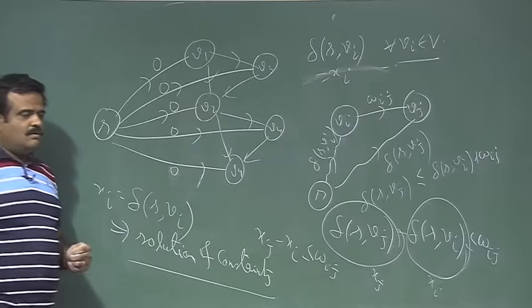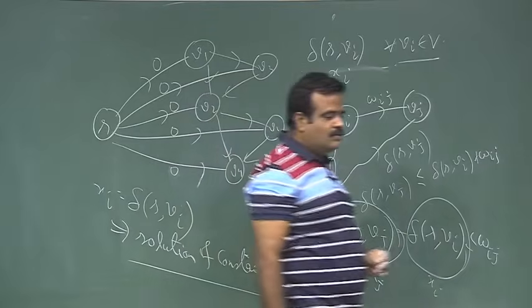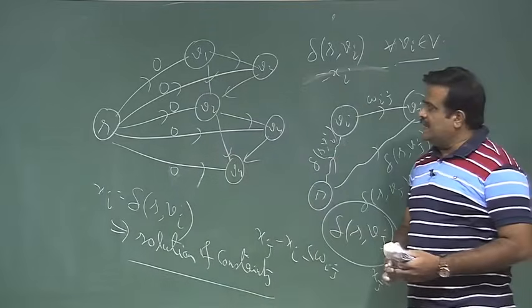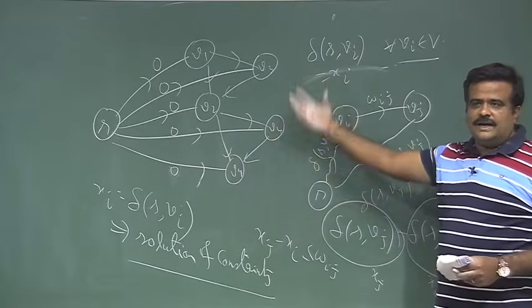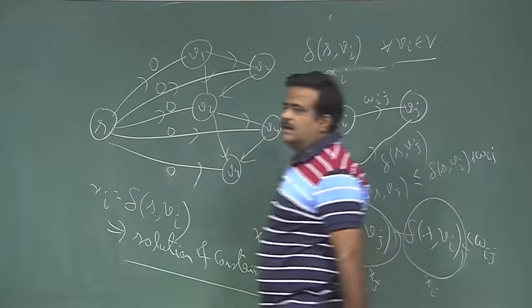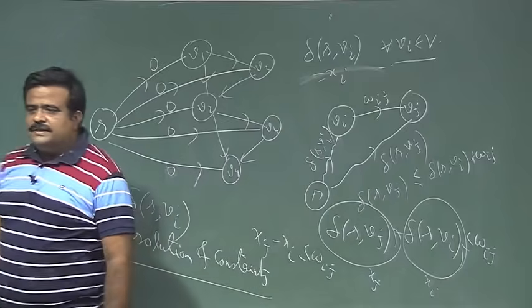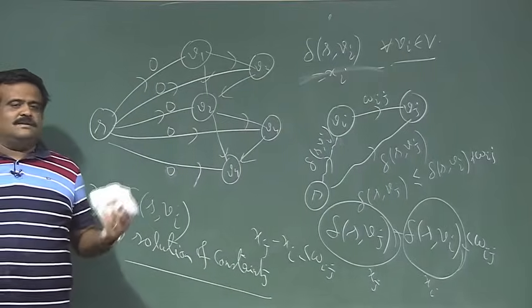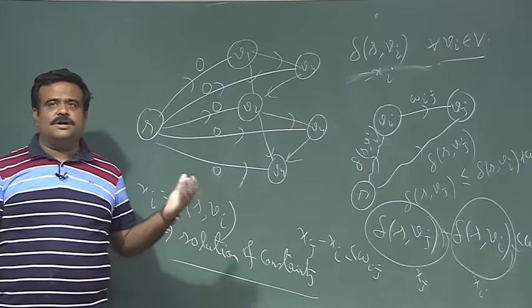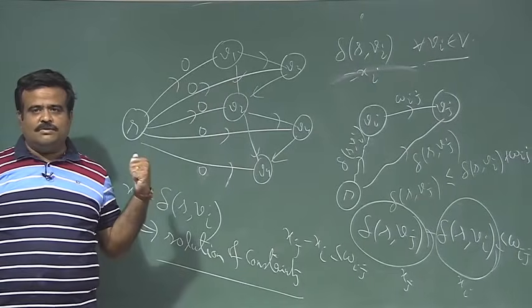So what are we doing? We have a constraint graph, we just add a vertex S, and we add edges with 0 weight. Then we run Bellman-Ford, and since there is no negative cycle in the original graph, there will be no negative cycle in this new graph.